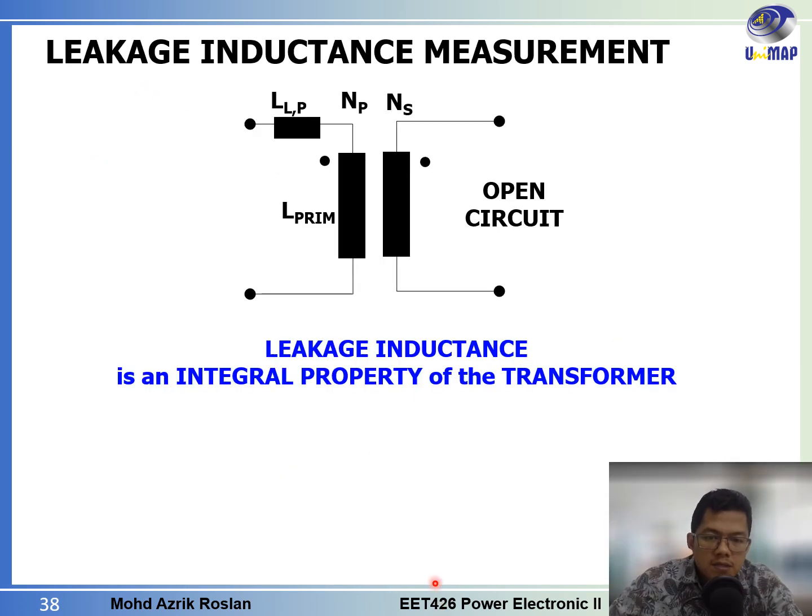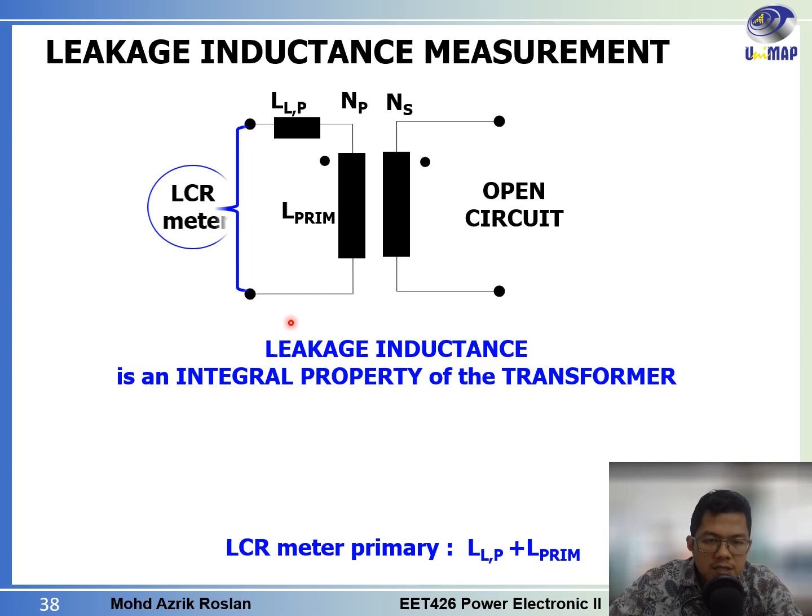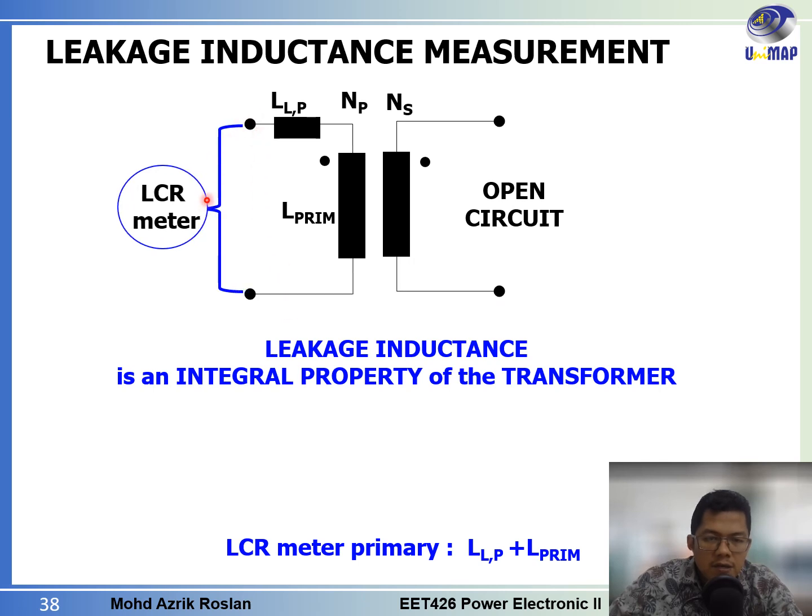This circuit shows how to measure the leakage inductance in the transformer. Leakage inductance is an integral property of the transformer. So when we do the open circuit test and measure using the LCR meter at the primary side, the reading that we have is the L primary plus the leakage inductance at the primary side.